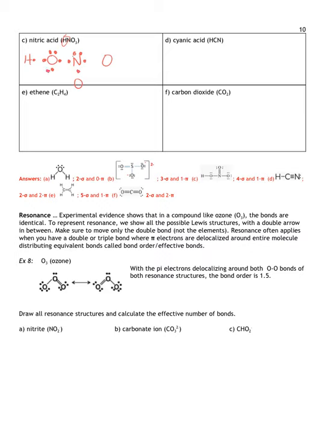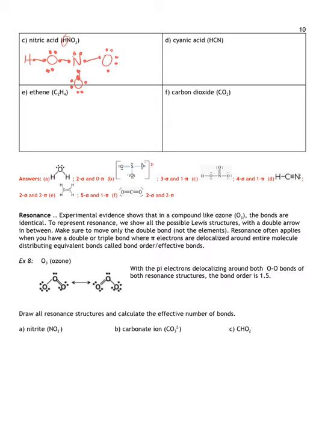Okay, now 6 valence electrons. I do my sigma bond, sigma bond, sigma bond, and here's my sigma bond. So I've got all my sigma bonds in place.